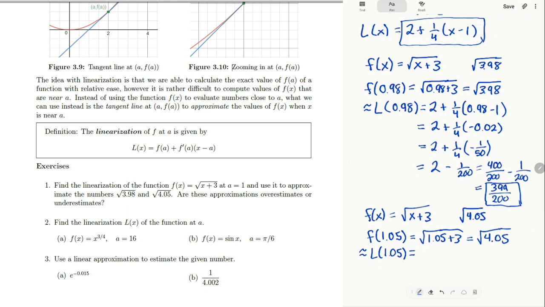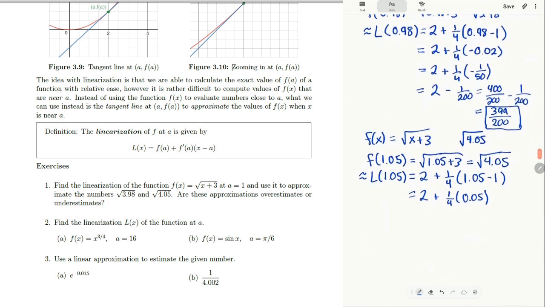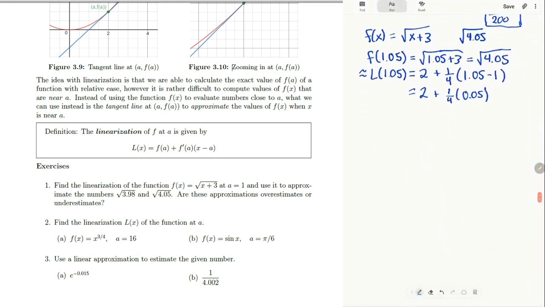So we substitute 1.05 into the function of L, then we get 2 plus 1 over 4 times 1.05 minus 1. So that is 2 plus 1 over 4 times 0.05. So that is 2 plus 1 over 4 times 1 over 20. So 2 plus 1 over 80.